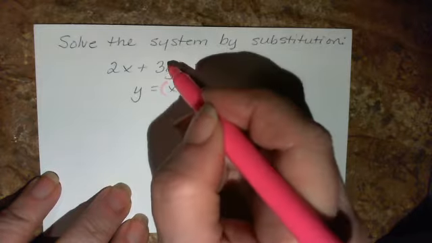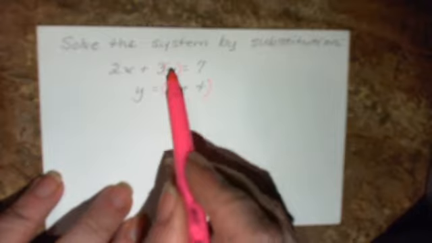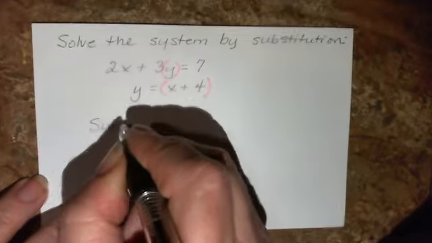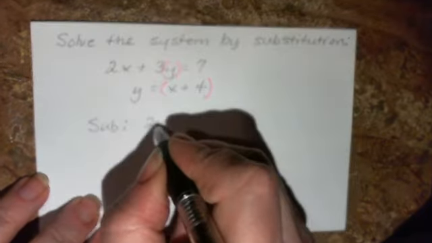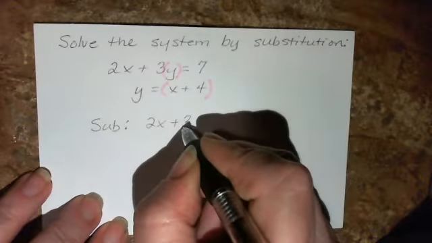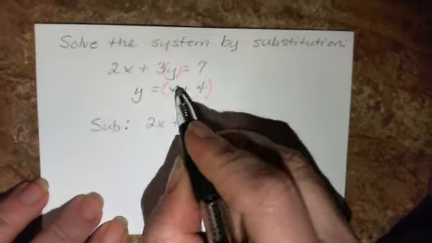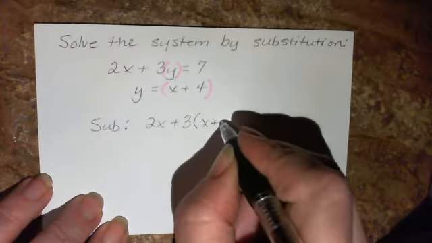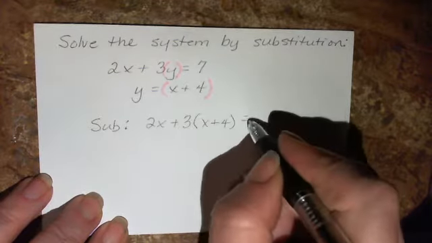So we could go to the other equation and find y and rewrite it with the y replaced with this parentheses information. So substitution, I'm just going to abbreviate the word substitution. We are going to take 2x plus 3 and stop at the y and replace the y with this information here, x plus 4, and then continue the equation equals 7.